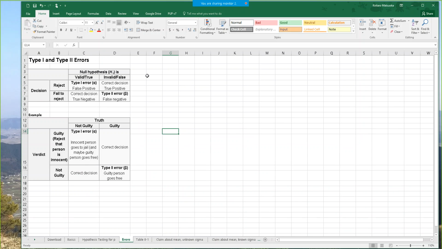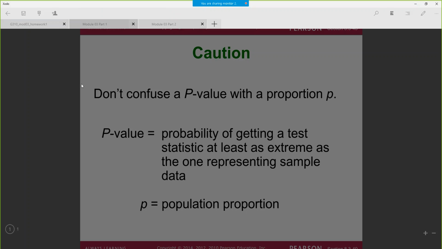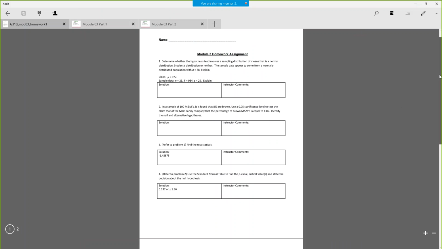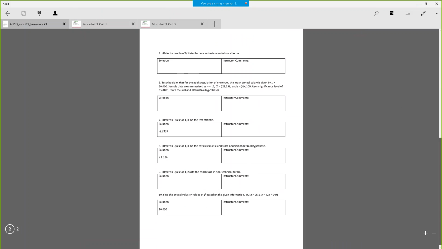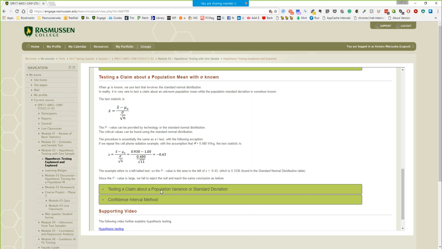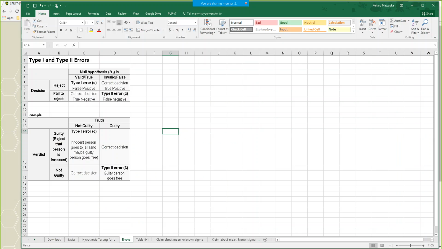So I recommend you read about it, maybe in the book or in the lecture notes, to make sure you understand the differences between type 1 and type 2 error, because that's going to be asked in the assignment, I think. Maybe it's not in the assignment. Anyway, so read about type 1 and type 2 errors.